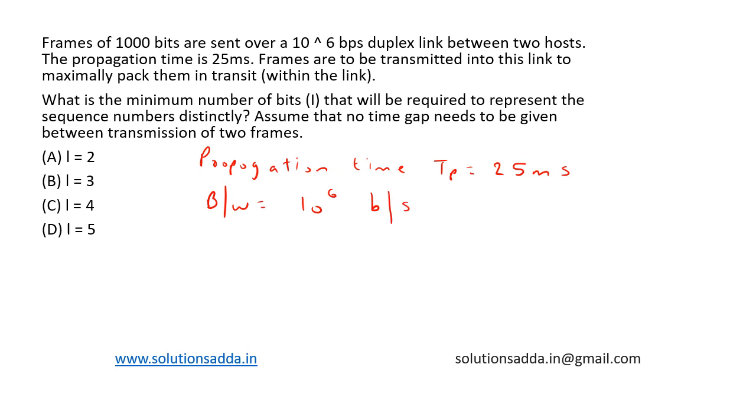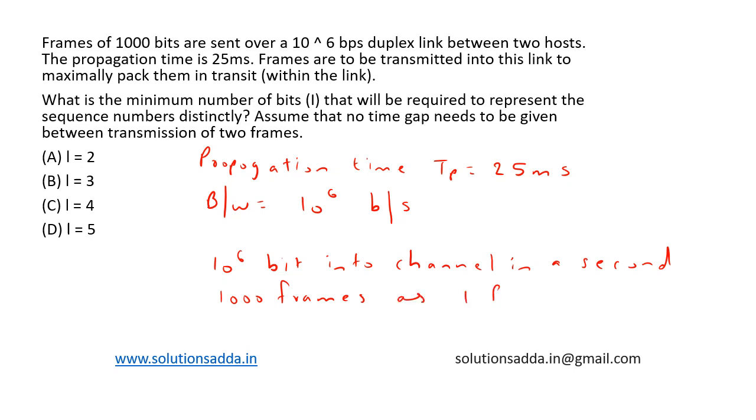To fully utilize the channel, we must send 10 to the power of 6 bits into the channel in a second, which will be 1000 frames, as one frame is equal to 1000 bits.